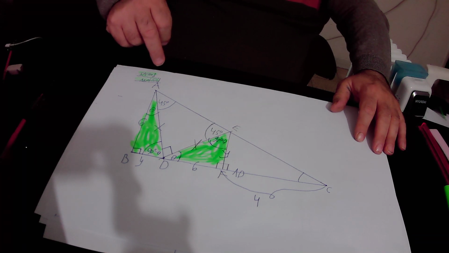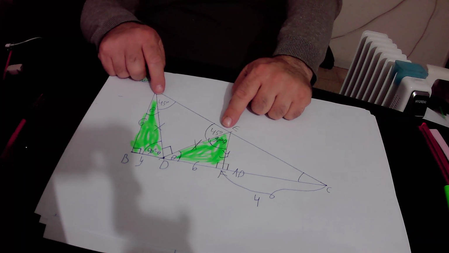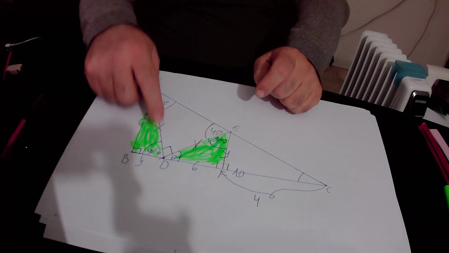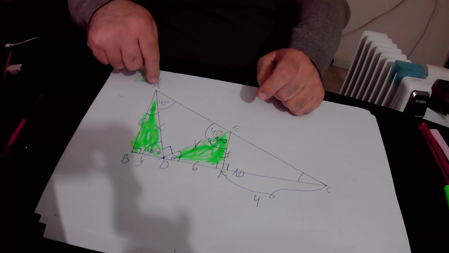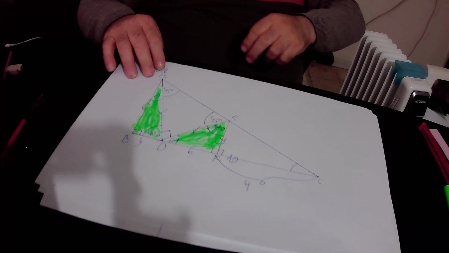So in triangle ADE, we have two angles that are equal to 45 degrees, and we know that in front of equal angles in a triangle, there are equal sides. That is to say, side AD must be equal to side DE, but side AD equals x, so side DE must also be equal to x.